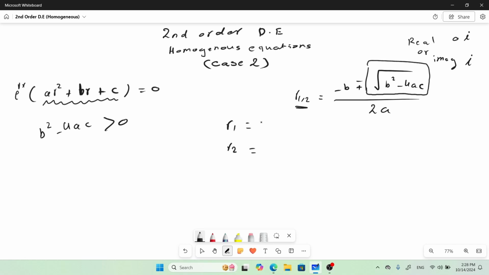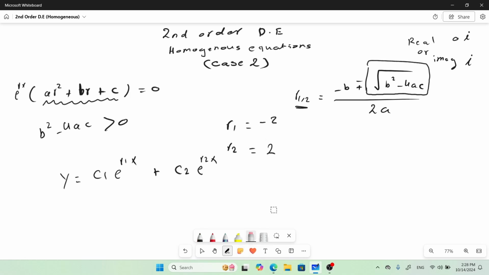So for example, if we have negative 2 and 2, the general solution would be y is equal to c1 times the exponential of r1x plus c2 multiplied by the exponential of r2x, since we have two different roots that differ in value.